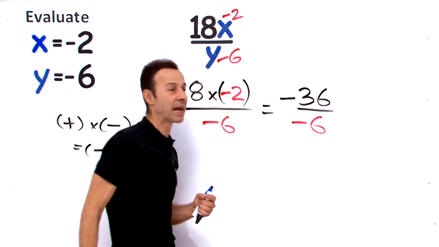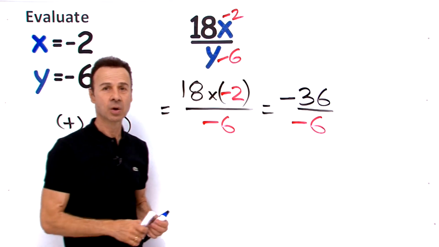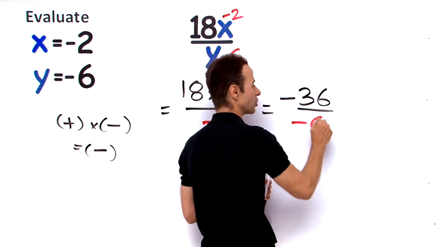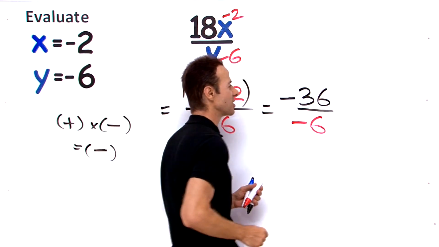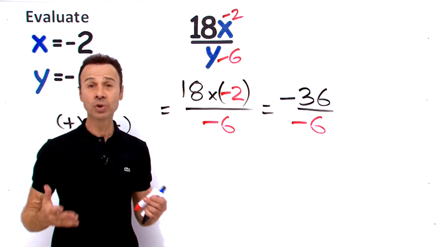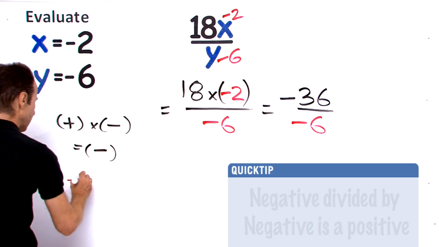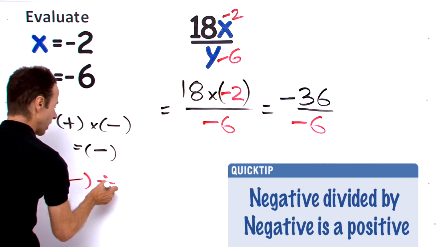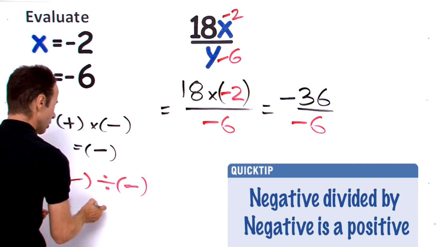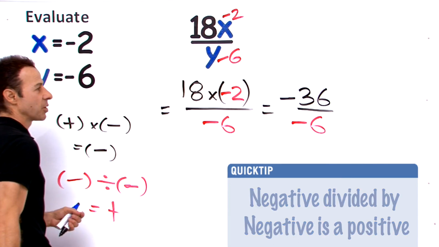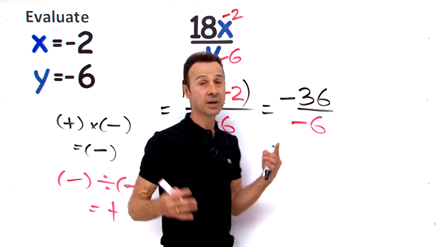Now we know that in the language of algebra or fractions, we always divide when we have one on top of the other. So the -6 divides into the -36. Now the good news is they're both negatives. And when you divide a negative divided by a negative, you're going to get a positive. They're both the same. Negative, negative, it's going to be a positive.